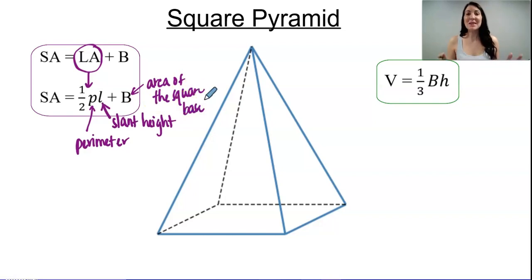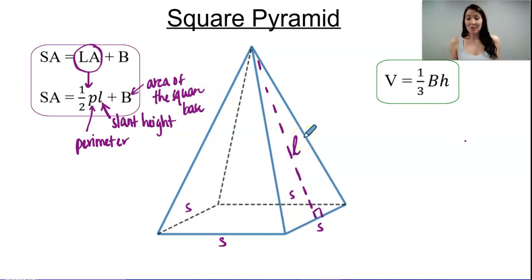All right, so what does this mean in our picture? The perimeter would be the perimeter of the base, which would be all 4 sides of that square added up. The slant height is if we go along a diagonal, right down the middle of one of the sides. That right there is called our slant height.